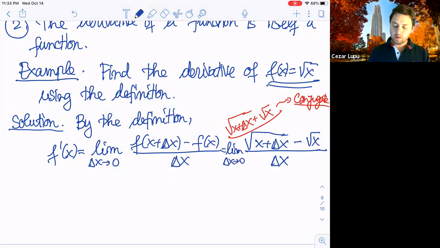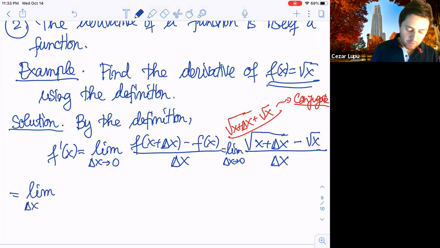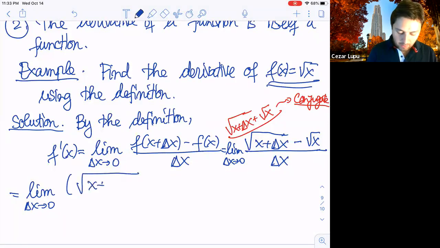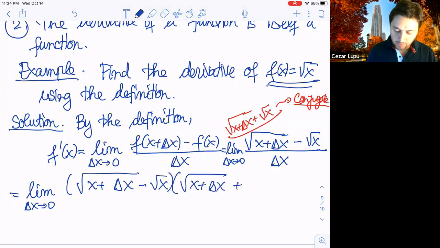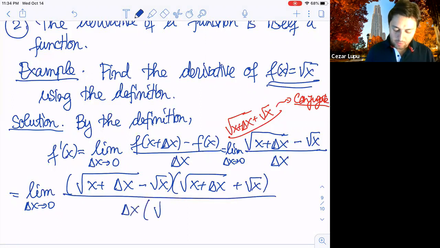And this will be equal to the limit as delta x approaches 0 of the square root of x plus delta x minus square root of x times the square root of x plus delta x plus square root of x, the conjugate, over delta x times the square root of x plus delta x plus the square root of x, right?